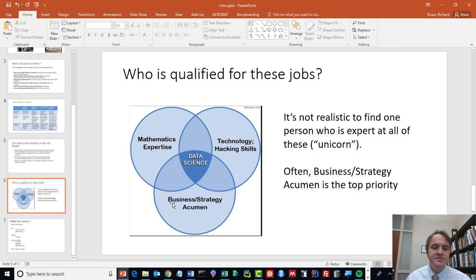And then finally, business strategy or acumen. This is generally considered to be the most important. So, the math and the technology help you to answer the questions, but the key skill is going to be discovering what questions to ask. And it's often more important to ask the right question than to get to an answer.